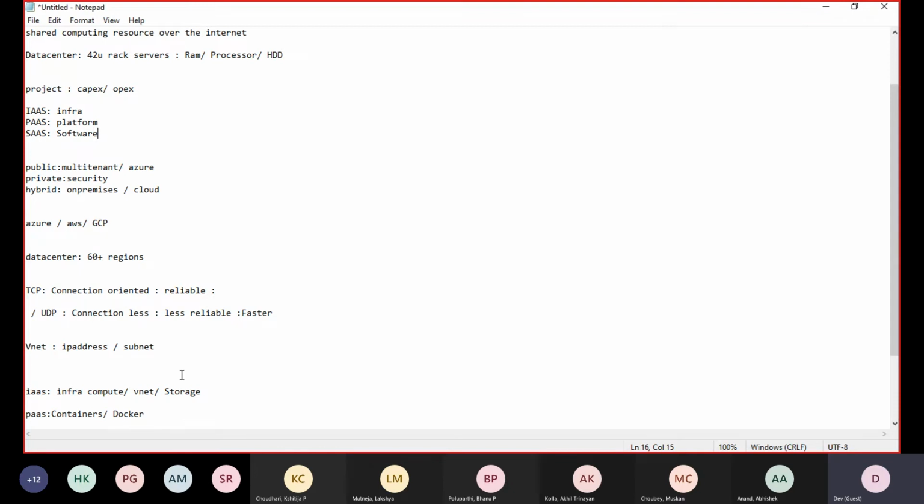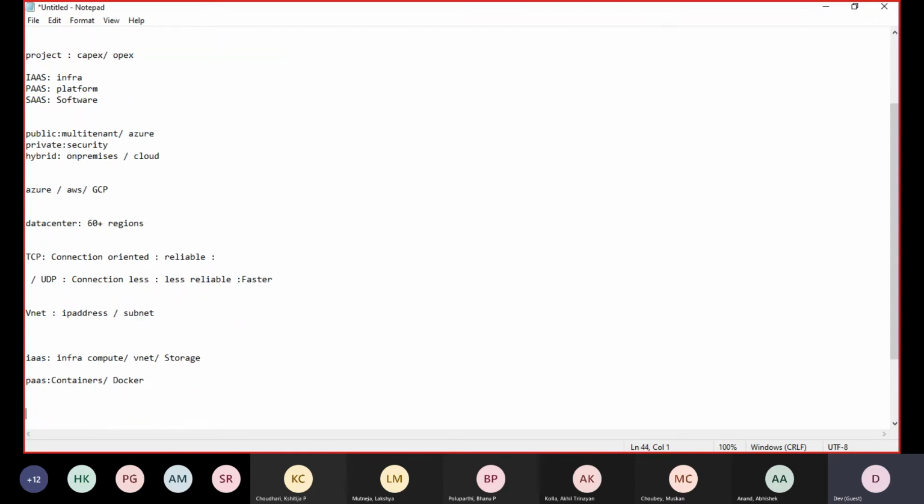Clear, guys? Now, have you heard about a term called serverless? What actually is serverless? Maybe a piece of code that runs on demand. That means it doesn't require a server to continuously keep it running.